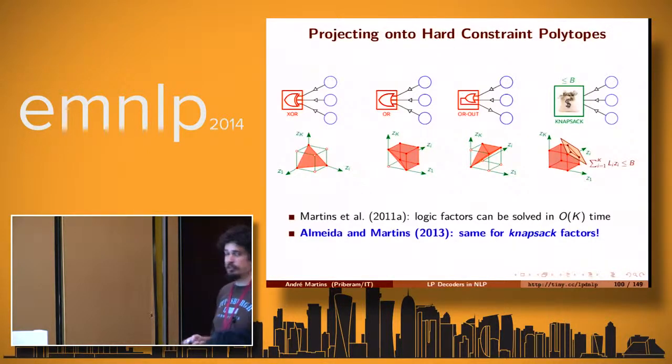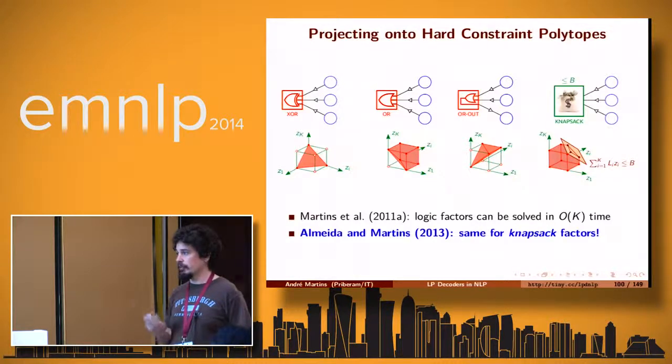And the operation that we need to perform to solve each of these local subproblems is to project onto these polytopes, okay? And we show in these two papers that we can compute this projection in linear time with respect to the number of variables that are linked to the factor, okay? So the complexity is not exponential in the variables, but linear. This is the crucial fact that makes it efficient to compute these local subproblems.